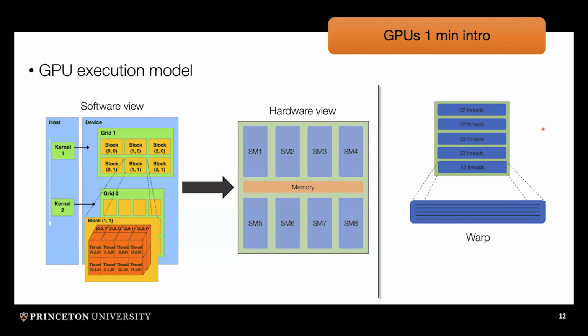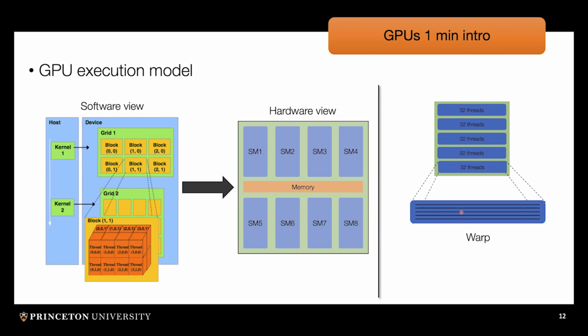At a more granular level, if I think about a block itself, then a block contains a bunch of threads. And these threads are grouped into groups of 32. And that group of 32 is called a warp. Now, every thread in a warp executes the same instruction at the same time.